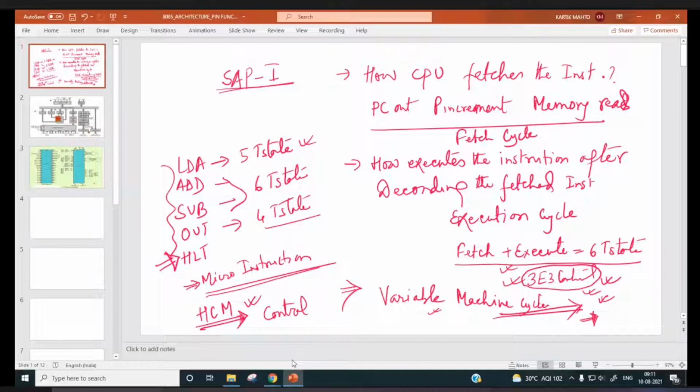In control ROM, these micro instructions are stored, and based on the instruction, once it is fetched, micro instructions are generated by reading the control ROM. Of course, when micro instructions are generated using control ROM, the system becomes slower. Why? Because reading a ROM is a very, very slow process.